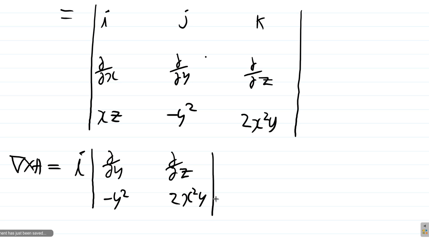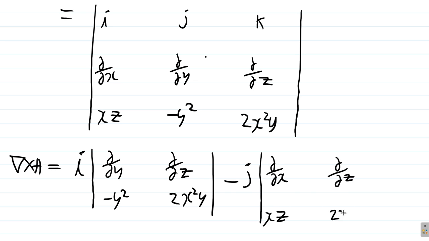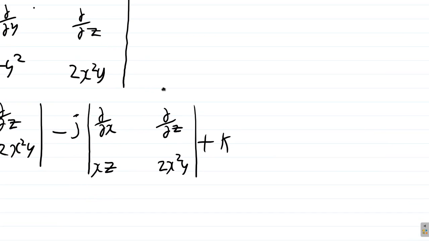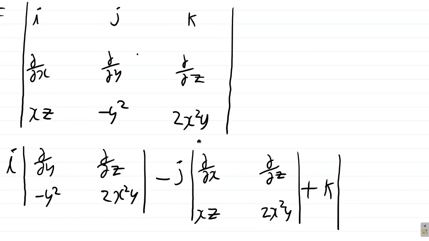Then you remember your place signs is plus, then minus, and then you have j, and you cover the row and column with j, and what is uncovered are delta by delta x, delta by delta z, xz, 2x squared y, plus k now, times the 2 by 2 determinant.